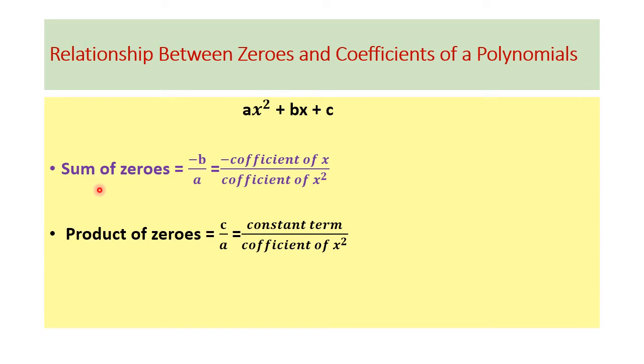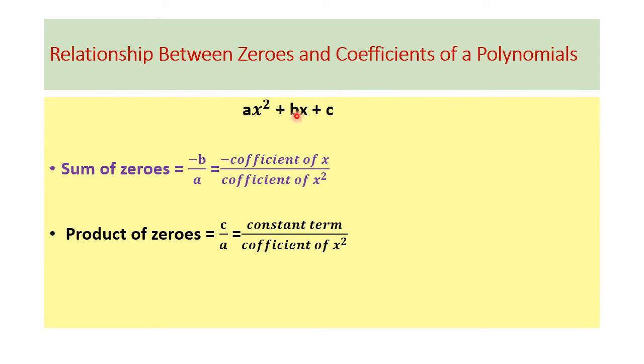Now here we will do the relationship. First one is the sum of the zeros. What are the zeros? When we take a quadratic equation, we break the middle term of that equation and we get two answers or two factors. So these two values are known as the zeros of a polynomial. So the sum of the zeros is equal to minus b upon a.